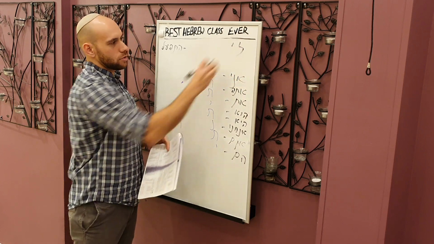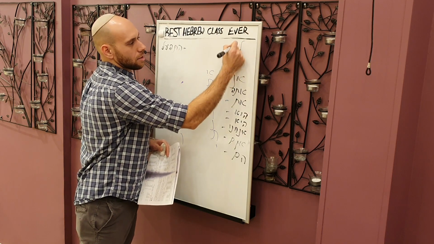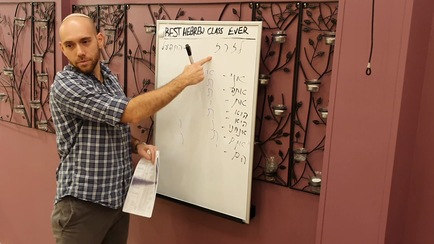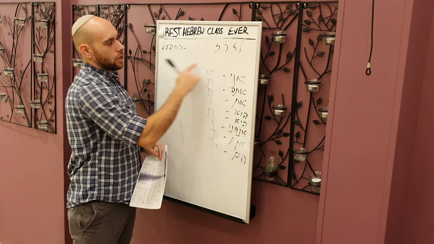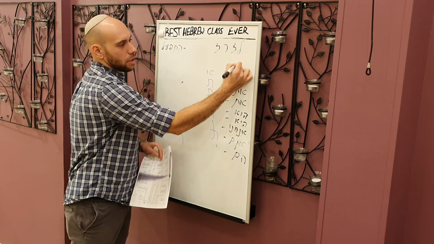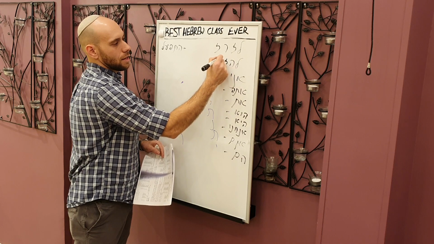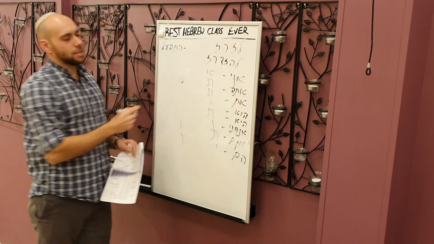I don't even know which writing system to use here. לזרז is PL, this is just the infinitive. And then the hitpael would be lehizdarez.